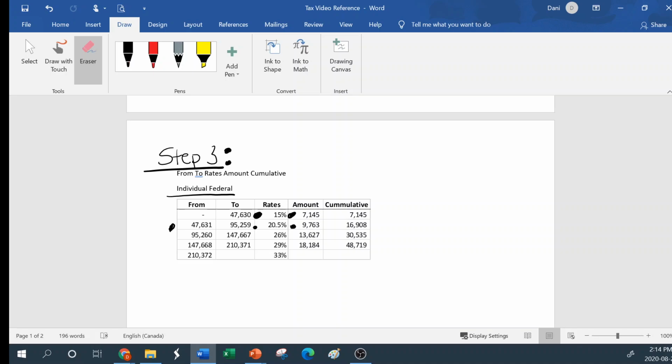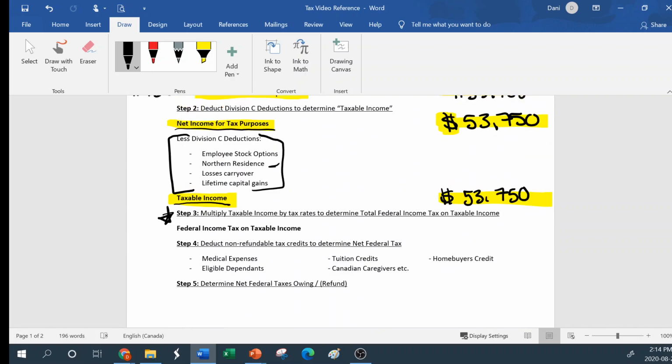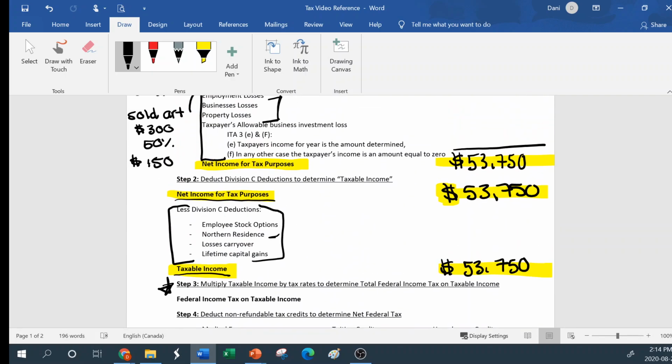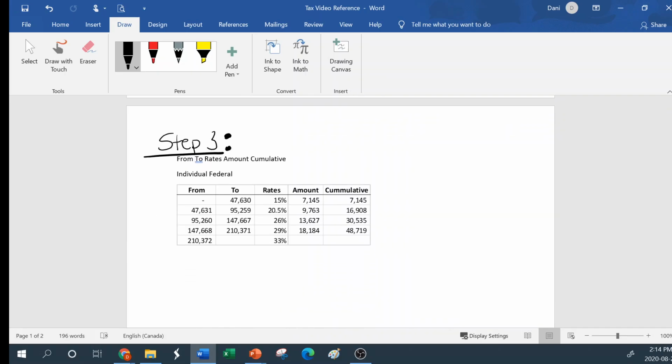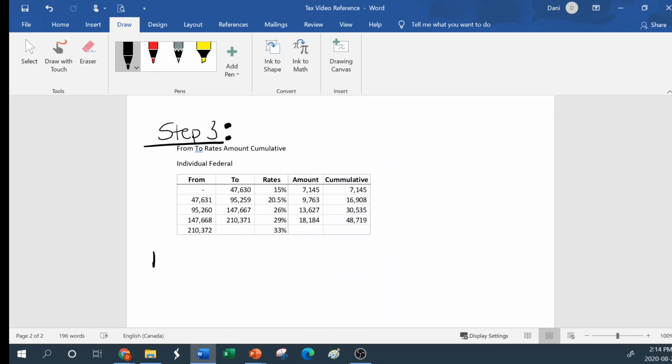So let's just look at what this looks like for our current example that we're going through. We have taxable income of $53,750.